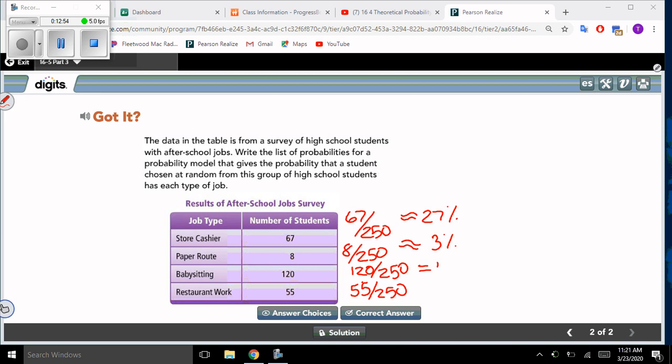That's actually exactly 48%. Then 55 over 250 is exactly 22%. So when I add those together, I get my 100% in that particular situation.